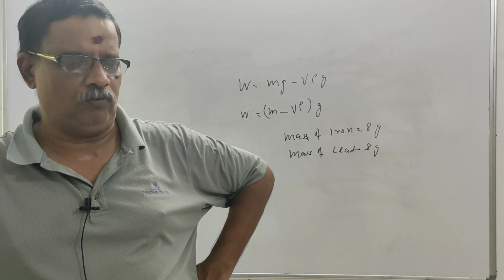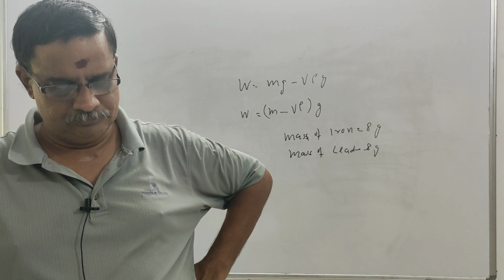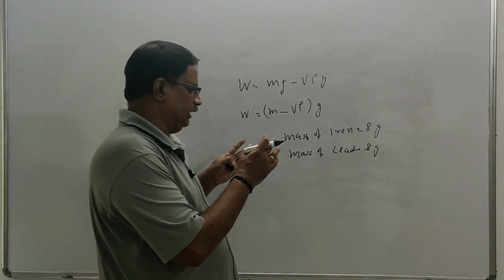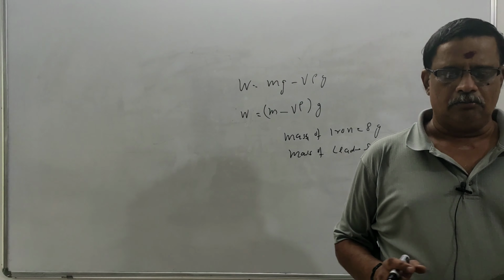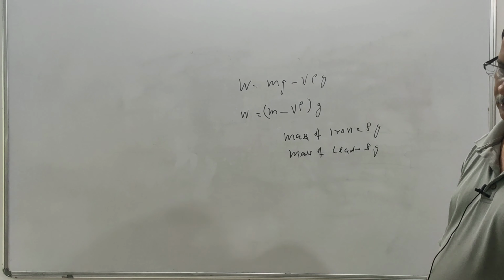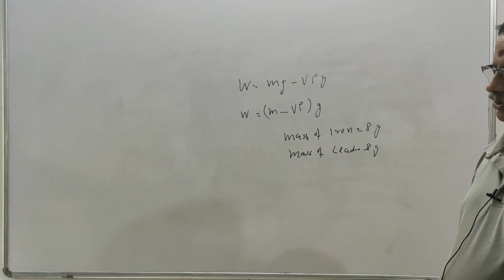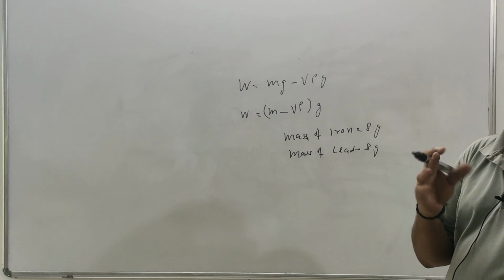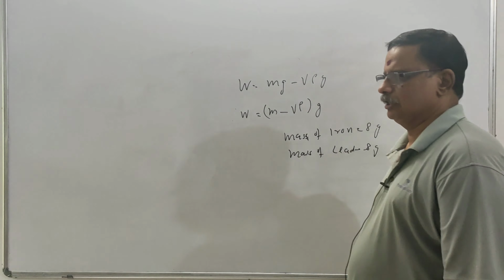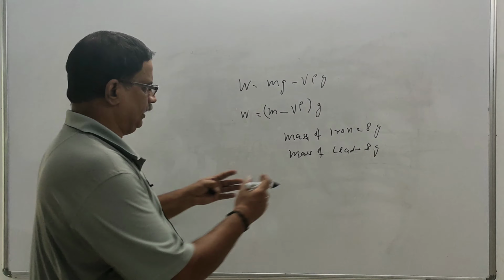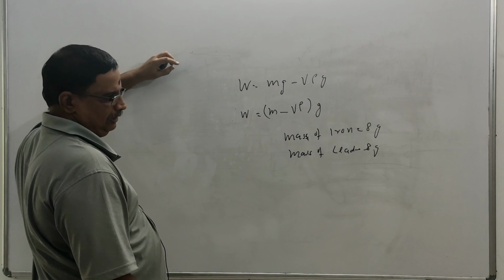The question is in water, not in air. So when in water, why we need a different approach is because both of them are experiencing upthrust, and unfortunately the upthrust experienced by the two is not the same, they are different. That is why we get a different mass answer. Now then we should equate the apparent weight.